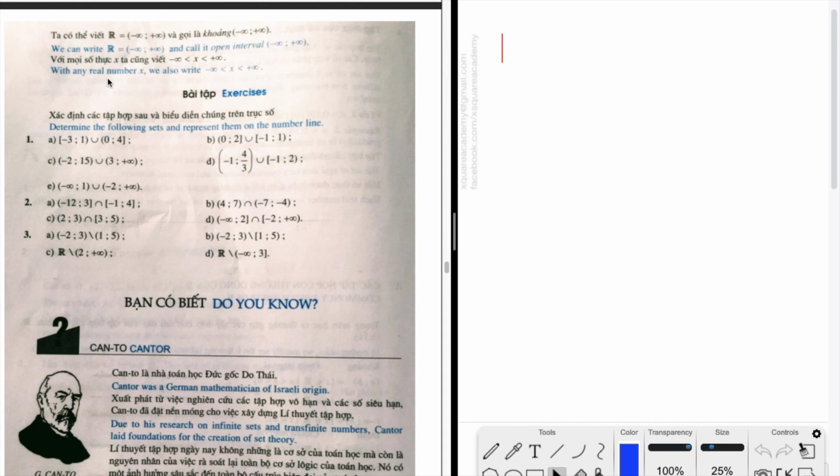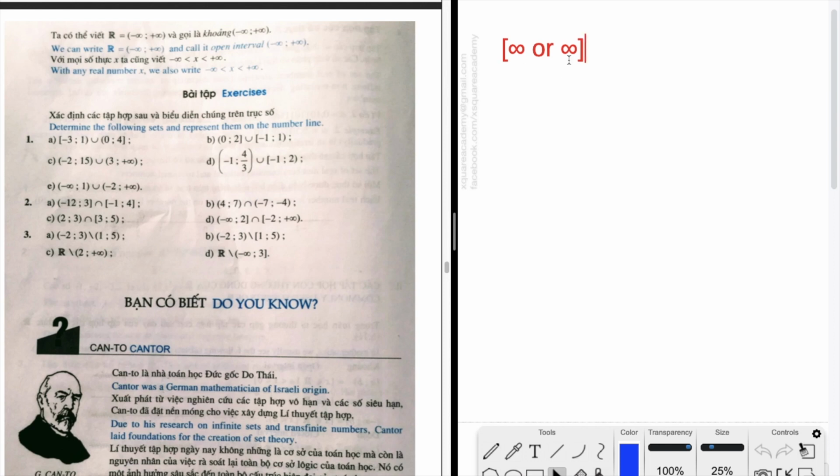With any real number x, we also write x is greater than negative infinity and less than positive infinity. Remember, always use parentheses for infinity. It is wrong to use a square bracket for infinity. That means we cannot write that.